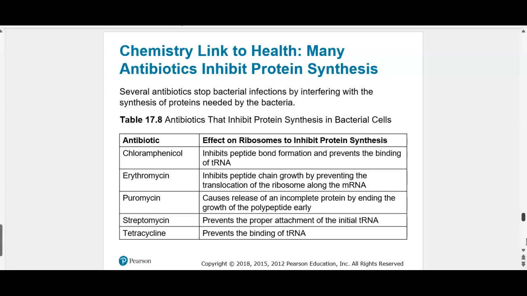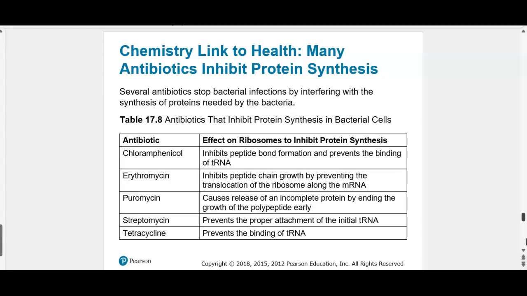But the actual protein synthesis in bacteria and in eukaryotic cells, eukaryotic meaning a true nucleus. Okay, they have the nucleus. We're eukaryotes. We have eukaryotic cells. The sequence that we described in this section is pretty similar, but it is not identical. Bacterial cells have a very similar process.